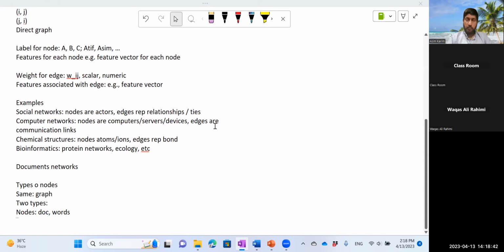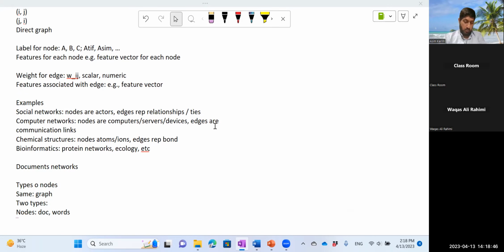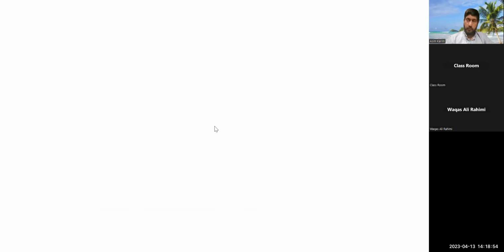In this particular case, let's say on the left, I'm drawing nodes that are documents. To distinguish them, let me call them squares. These squares.